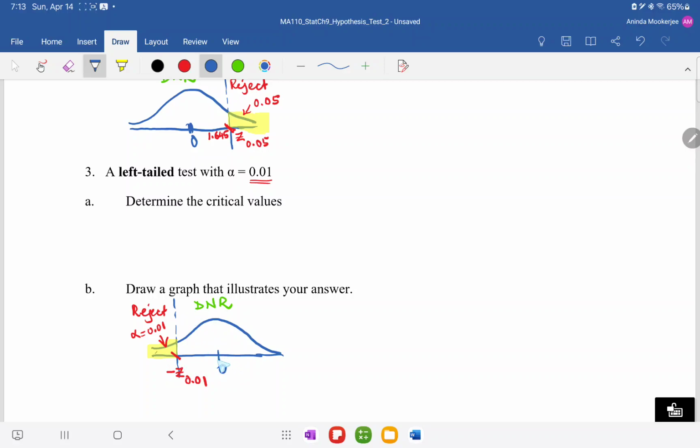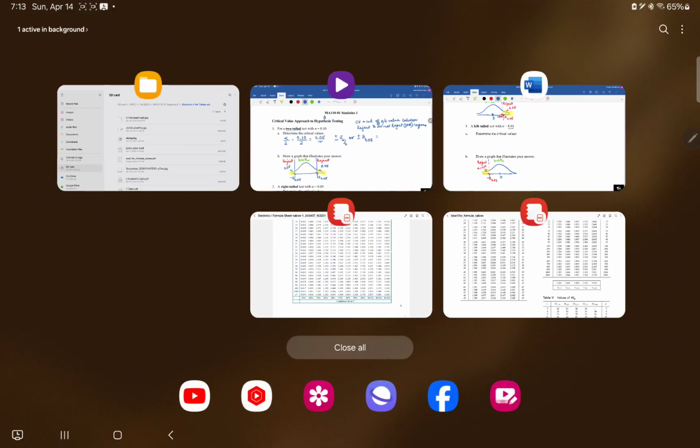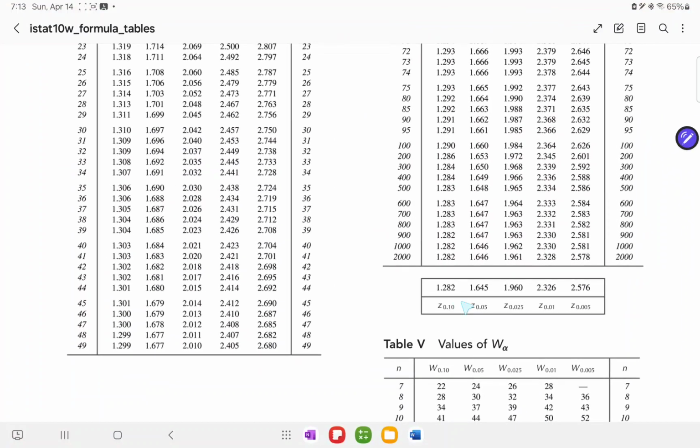Anything that is to the left of the center point is going to be negative, right? So we have to look up our table. I'll go back to our table and just look for z of 0.01 is right here, but this is a positive value. We have to make it negative because our cutoff is on the left hand side. So it's going to be negative 2.326.